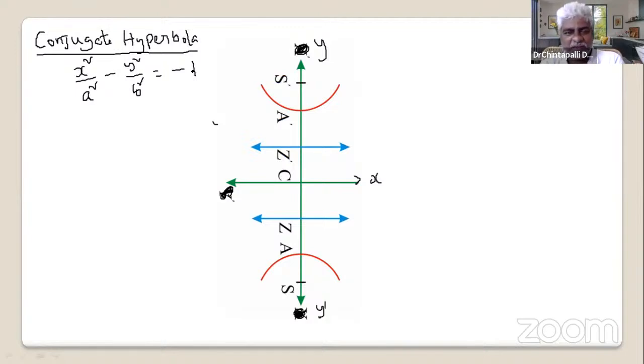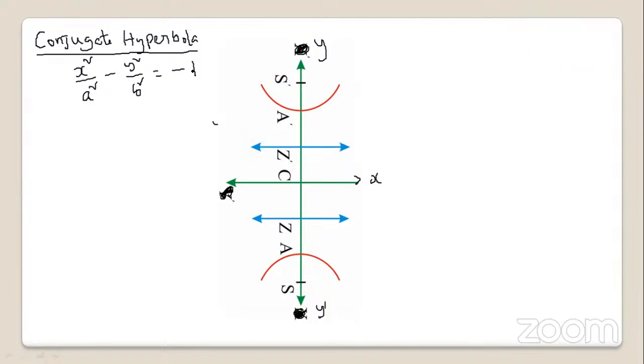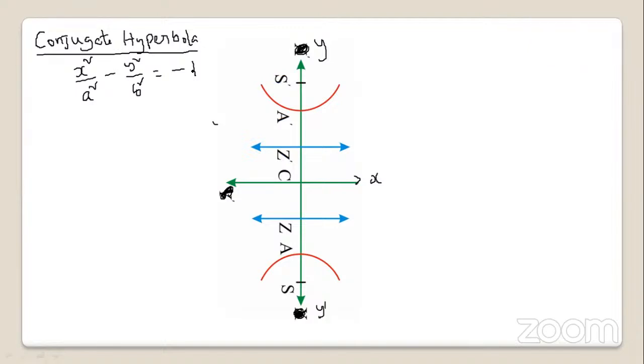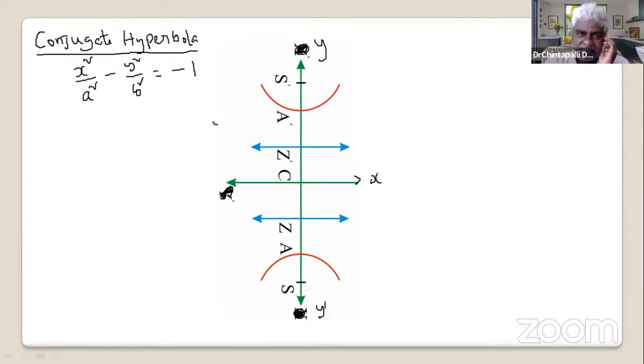What is the standard equation for conjugate hyperbola? X square by a square minus y square by b square equals minus 1. Sometimes it is written as y square by b square minus x square by a square is equal to 1. Do you remember the first question is written like this only?